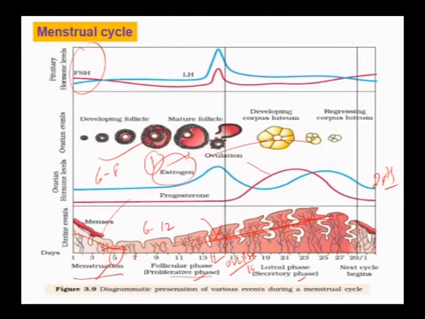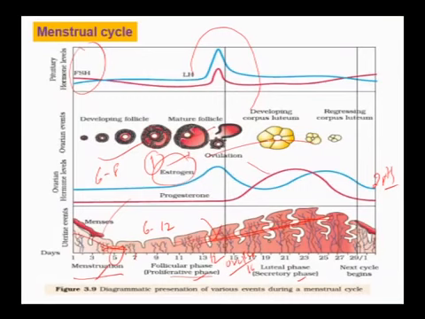During the same time, the levels of FSH and LH rise. Increased concentration of LH is called the LH surge. This LH surge is responsible for the rupturing of the Graafian follicle, because in the center of the Graafian follicle, the ovum is present, at the secondary oocyte stage.